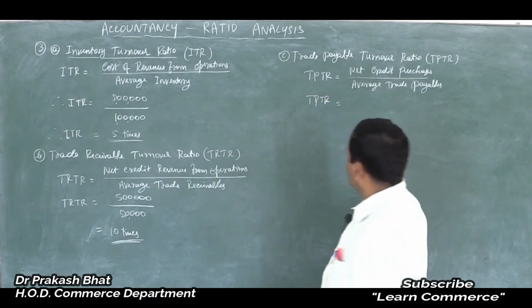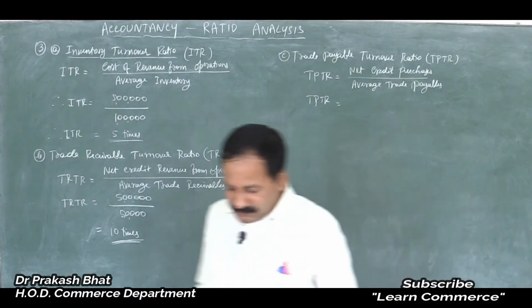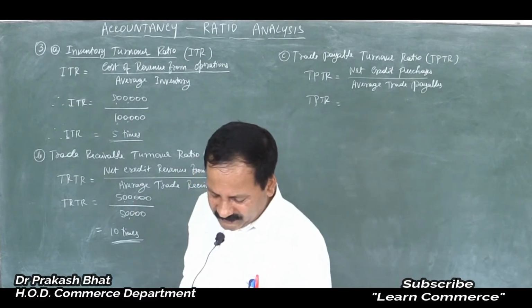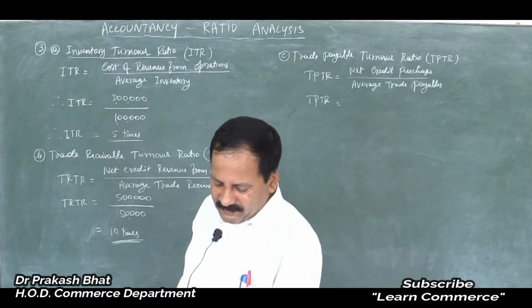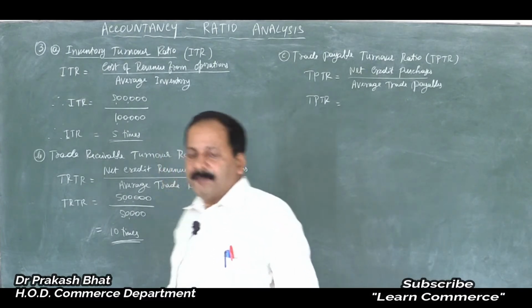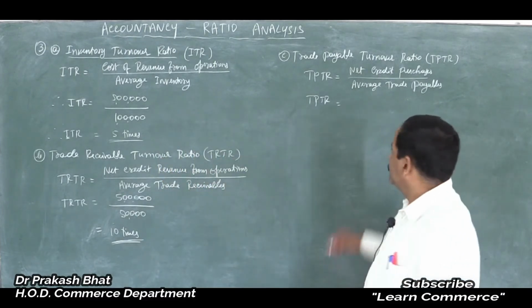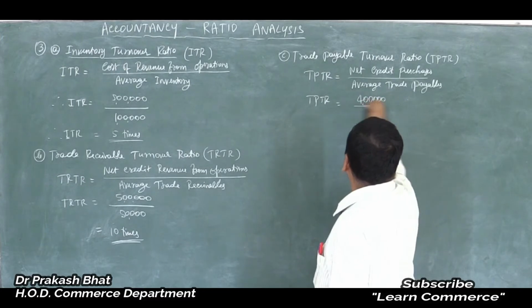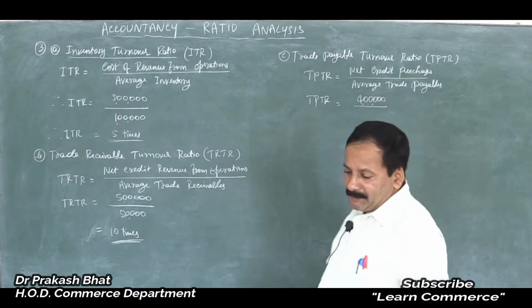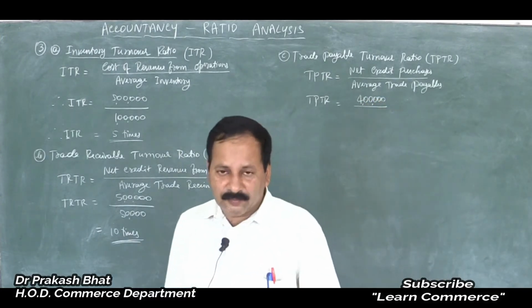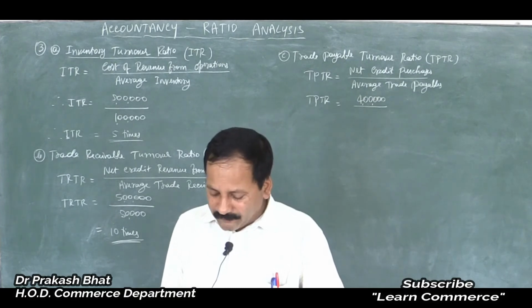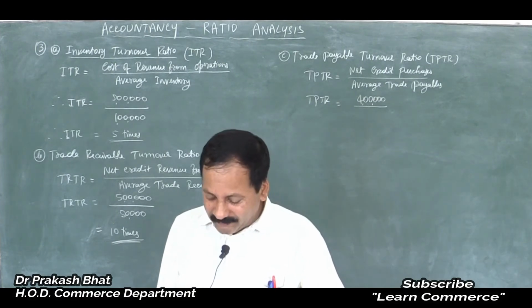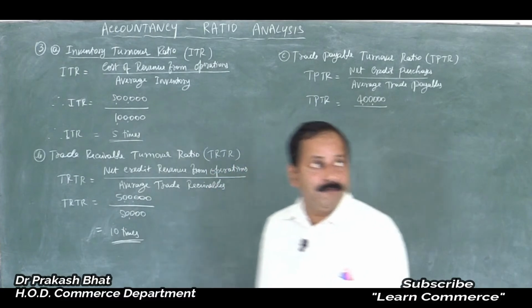How much? Net credit purchases. Whatever purchases are given in the problem, net purchases, that itself is the net credit purchases. So we'll take in that way, because nothing is mentioned in the problem regarding credit or cash. So 4 lakh it is, 4 lakh divided by average trade payables. Trade payables are only given, so we will treat it itself as the average trade payables, that is 75,000.